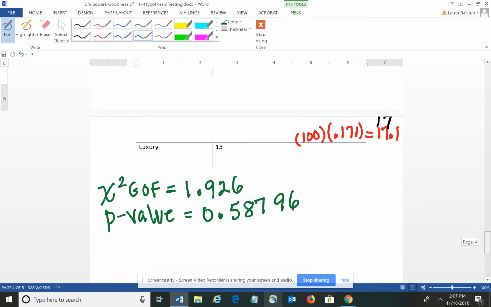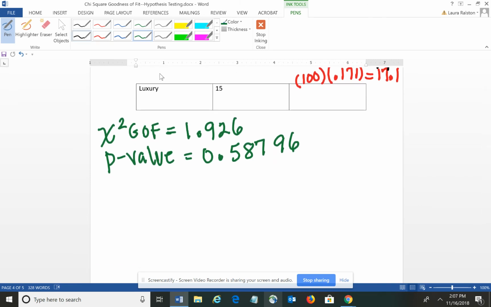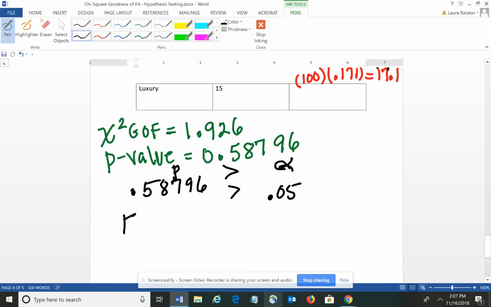We compare the p-value to alpha, so 0.58796 compared to alpha, which is 0.05. P is greater than alpha, so we fail to reject the null.